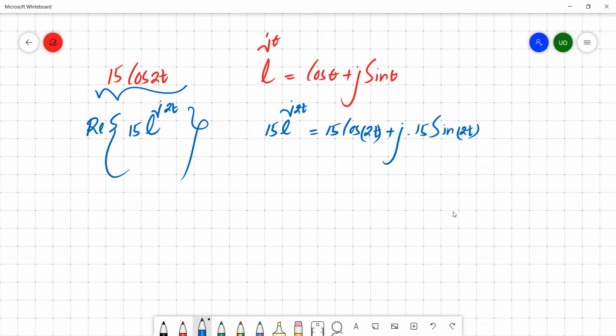Then this 15 cos 2t is the real component of this complex number 15 e to the power j 2t. Okay. So this is one way of mapping sinusoidal excitations to a complex exponential.